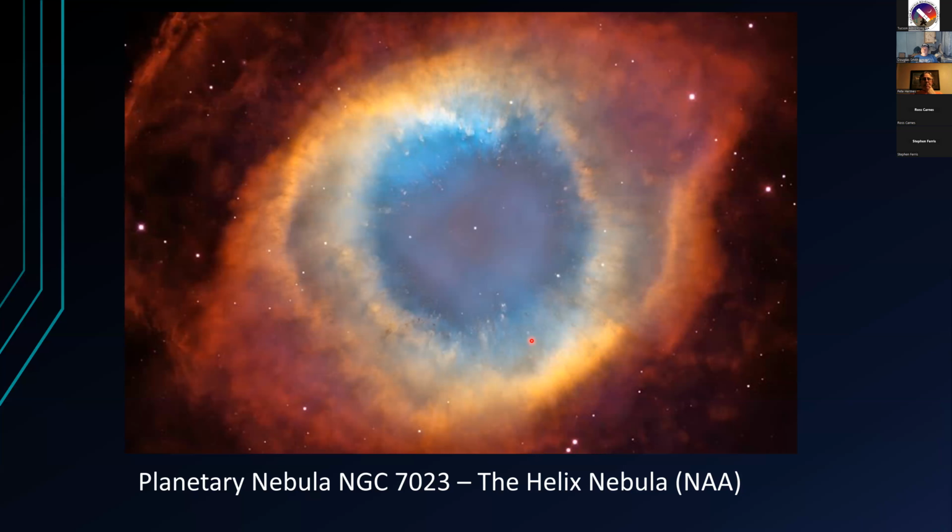All of that is provided by the illumination of oxygen, providing a lot of the bluish green, and hydrogen providing the red, which is a common color combination, as we've hinted on here.